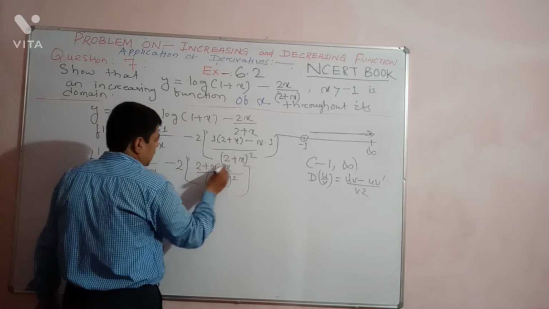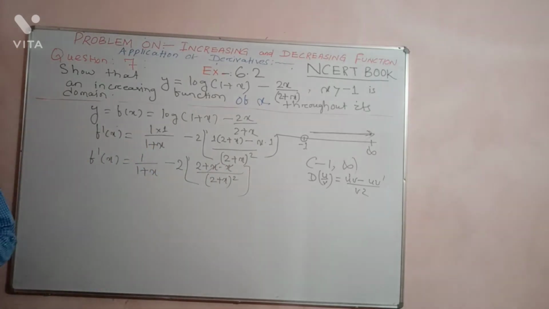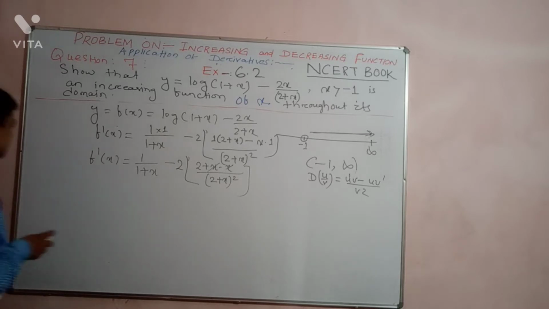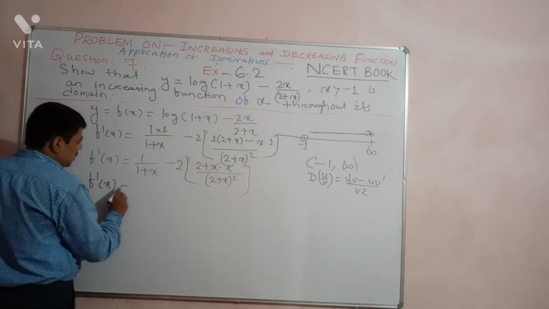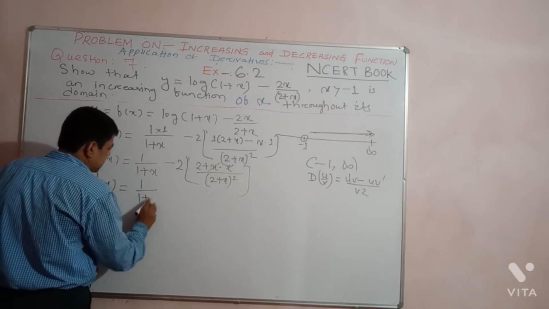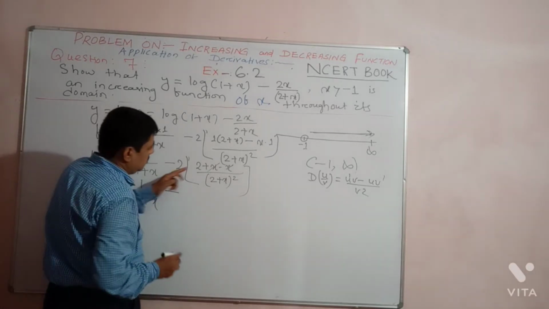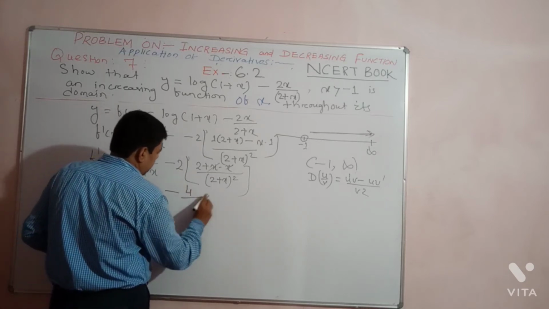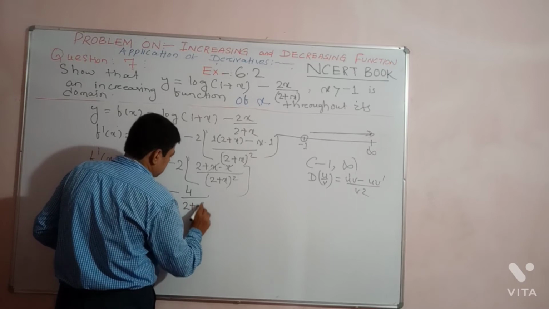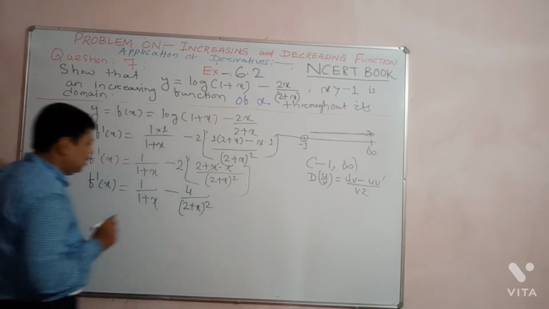Okay, so plus x minus x we can cancel. Then f dash x is equal to 1 divided by 1 plus x minus 4 divided by 2 plus x whole square.